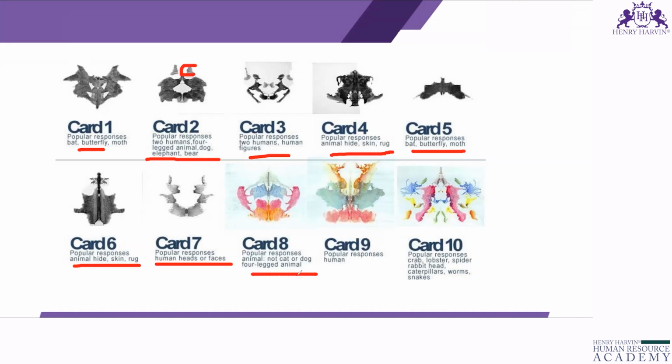Animal, not dog or cat, four-legged animal; human; crab, lobster, spider, rabbit head, caterpillars, worms, snakes.